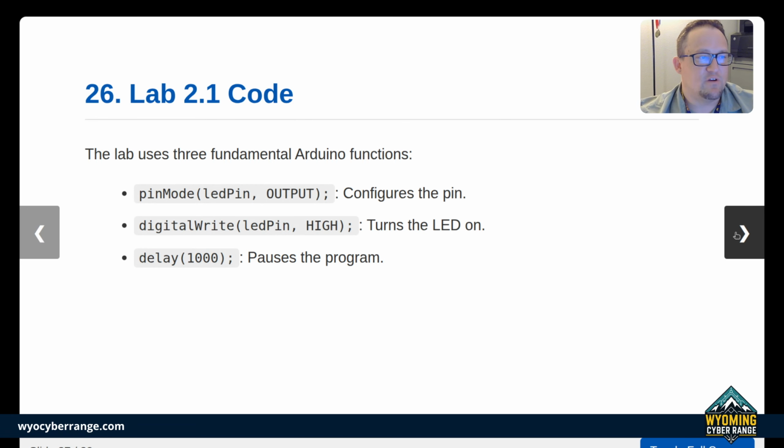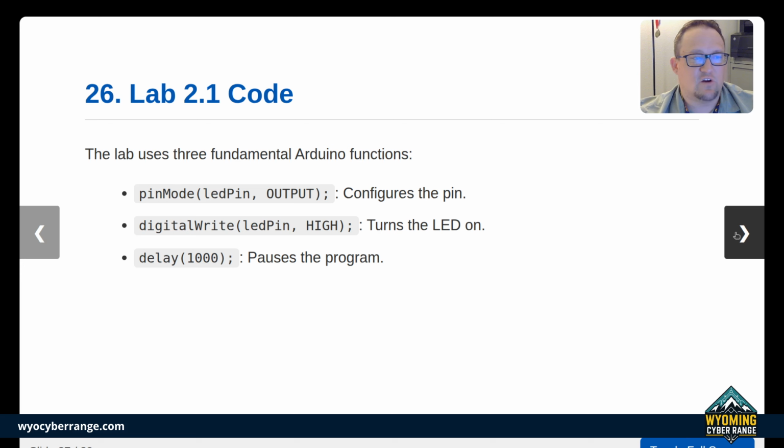So when you're going through the code, you're going to see a couple different functions. And as I said, you don't really need to understand this 100% today. This is just getting you familiar with utilizing hardware. The code itself, we'll keep digging through as we go. But in the first 3 lines here, we have to configure the LED pin to be an output pin because we have what's called an output device. We're going to put signal out to the device.